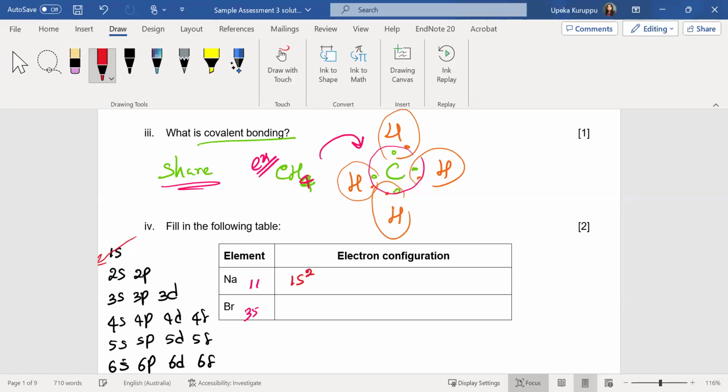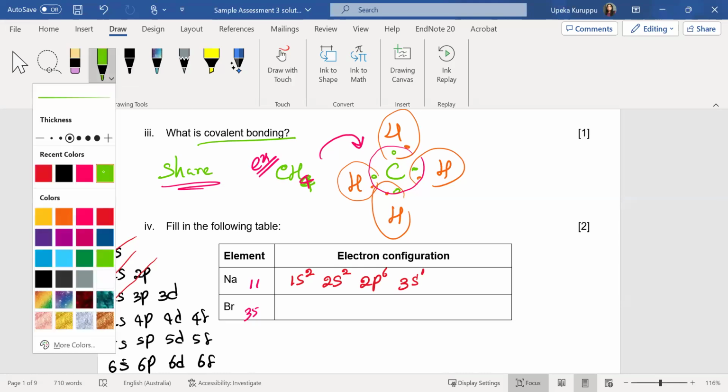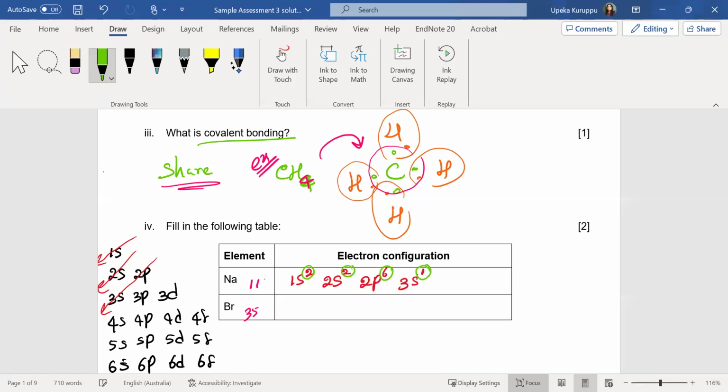How many electrons can p keep? 6. So 2p6, and 3s, how many in 3s? We have already filled 10, so to become 11, 3s can hold only 1. If we have done it right, when you count the number of electrons, it should equal 11. Do we have 11 when we count it?